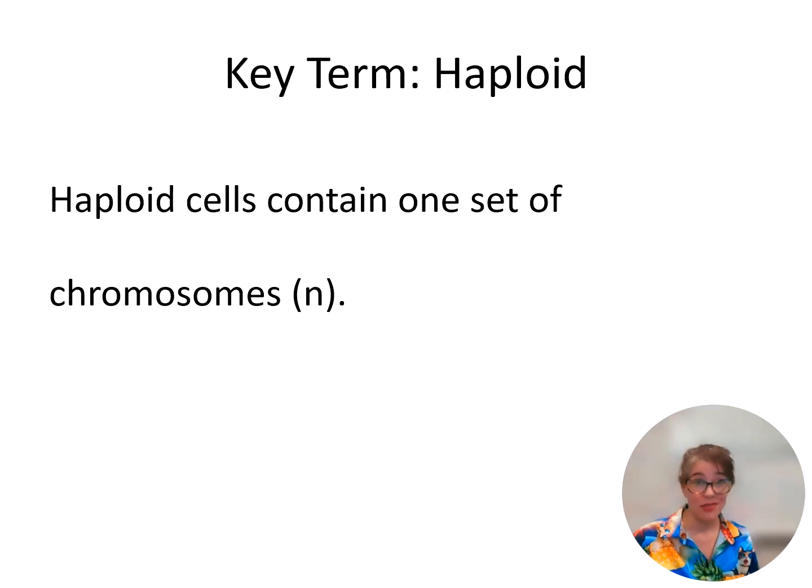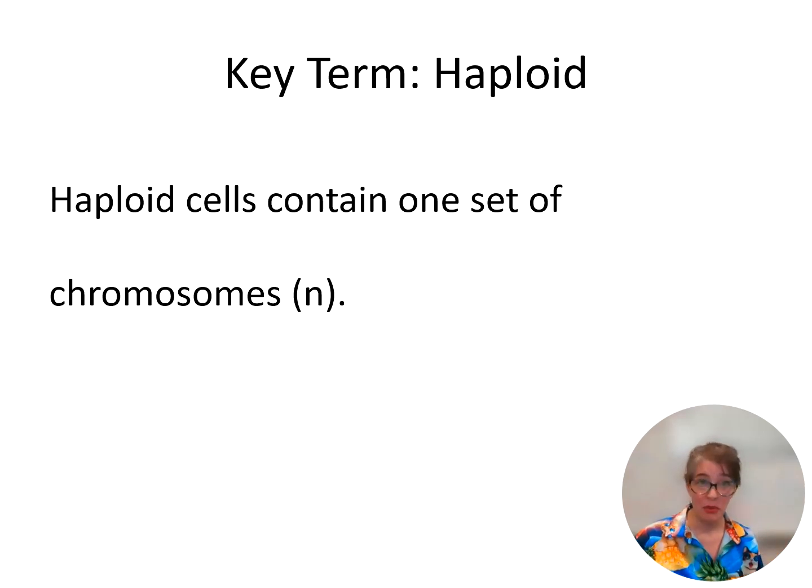So let's talk haploid. I already mentioned it before. Haploid cells contain one set of chromosomes. They are one copy of each chromosome. Most of your body cells have two copies of each chromosome, and we talked about that when we talked about mitosis. But meiosis is different than mitosis.